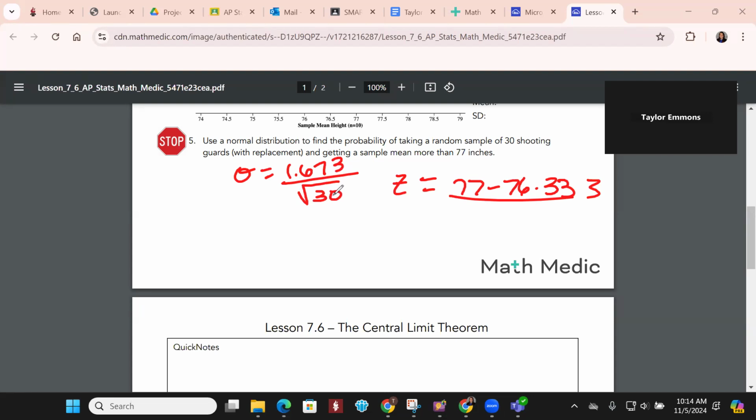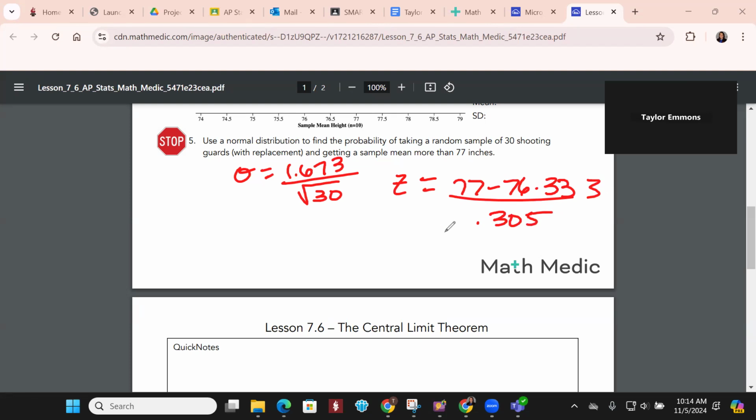The reason why we would want 30 is we would want it to be large enough in order to give us the best approximation for our standard deviation. Okay. And that's what the central limit theorem is. N is greater than or equal to 30. So when we do that, sigma is going to be 0.305.